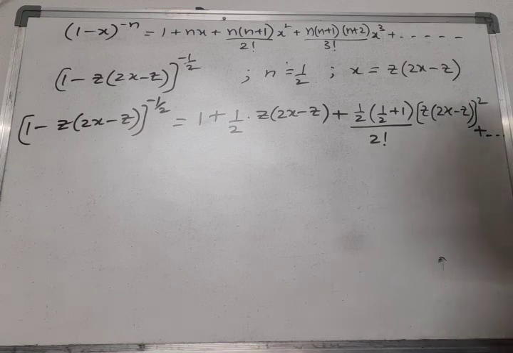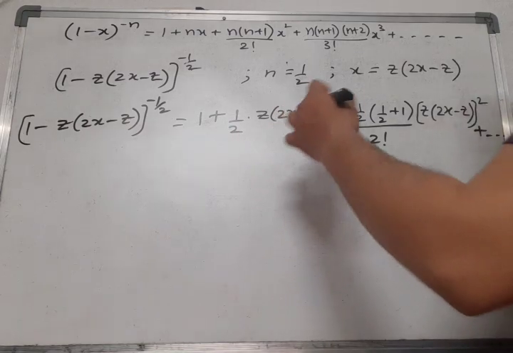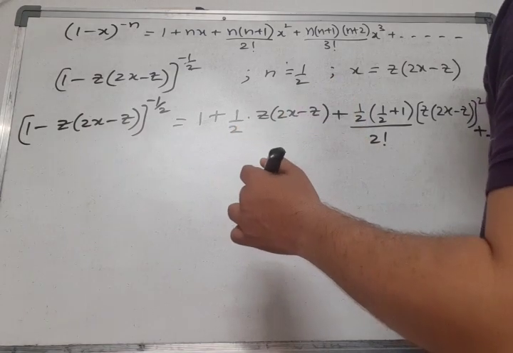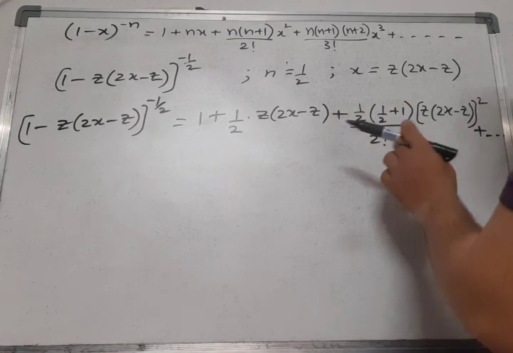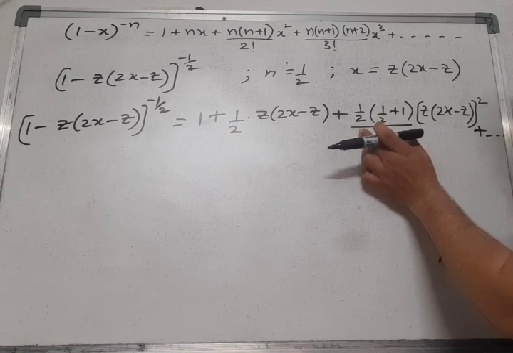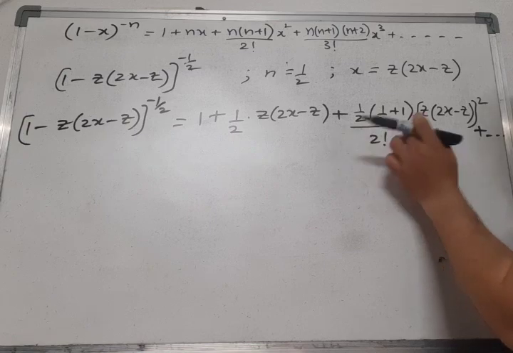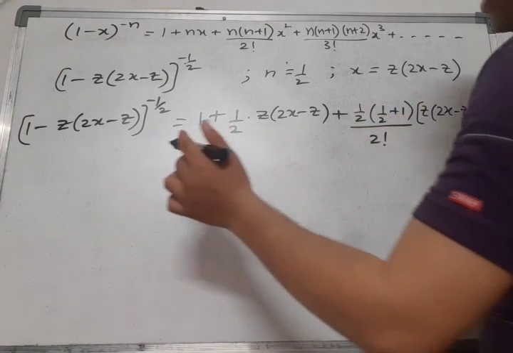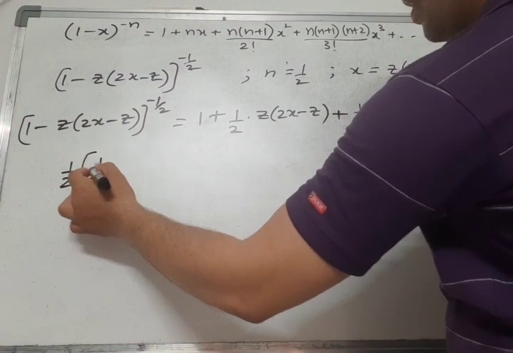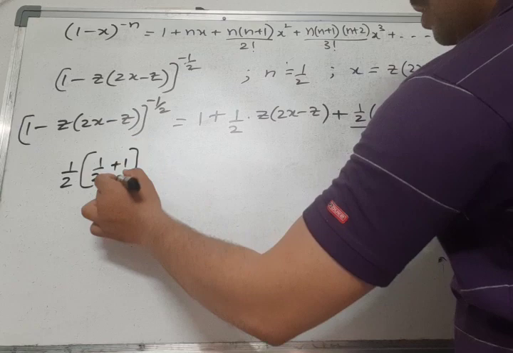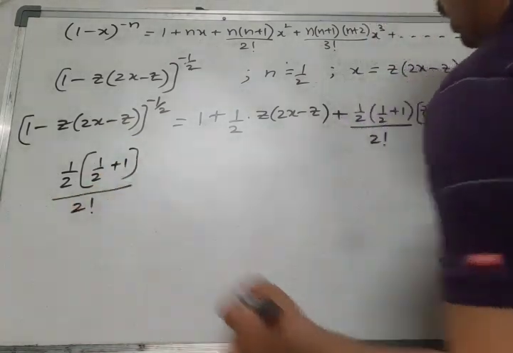Okay. Next. So the nth term we have to write for this one. Before that we shall write one more thing. We want to rewrite these coefficients. How to rewrite this coefficient? First of all you write it like this: 1 by 2 into (1 by 2 plus 1), by 2 factorial.